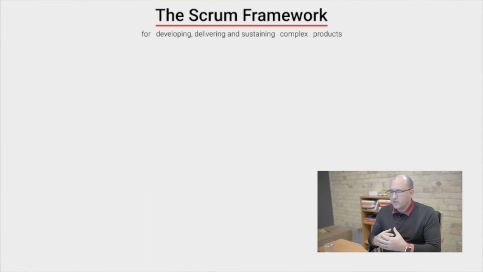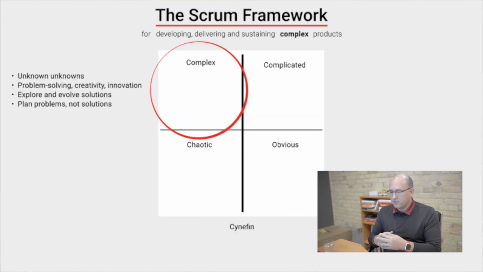One model for understanding the word complex is referred to as the Cynefin model. It looks like it's pronounced Seinfin, but it's pronounced Kanban. It's a Welsh word. In the Cynefin model, complex problems and work are contrasted with obvious, complicated, or chaotic work. Obvious are things that you can do with muscle memory, single step, you can guarantee a solution.